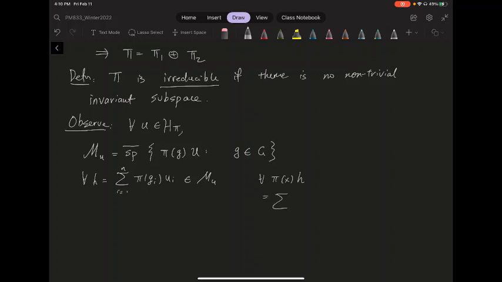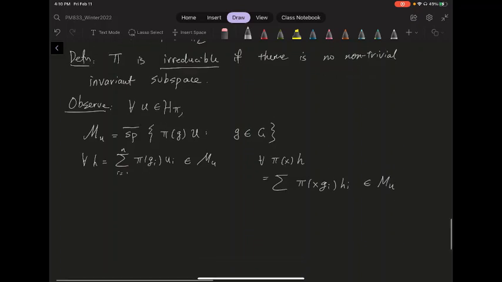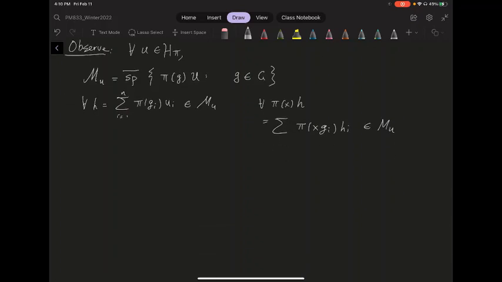So this is essentially the summation of pi of the left translations of gi, applied to ui. But this is still inside M of u. So M of u is going to be invariant under all of these pi of x. In other words, your M of u is always invariant for pi. So you can always find these invariant subspaces.